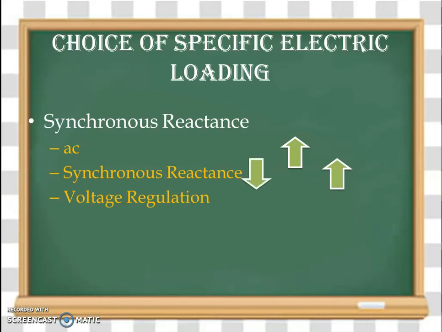Stability, the capacity of the system to remain stable, depends on the maximum power, and maximum power is dependent on the synchronous reactance. So power generated will be less and stability of the system will reduce.